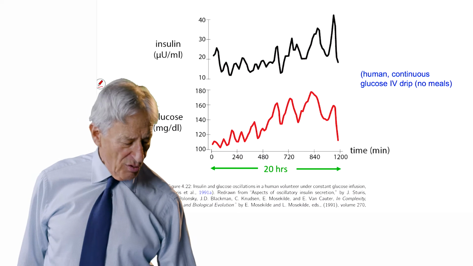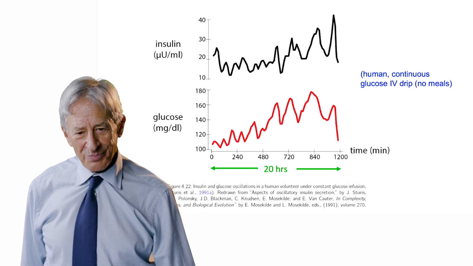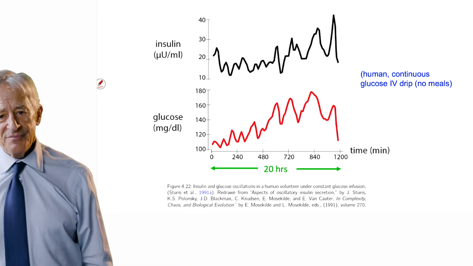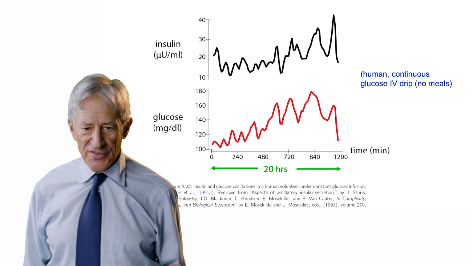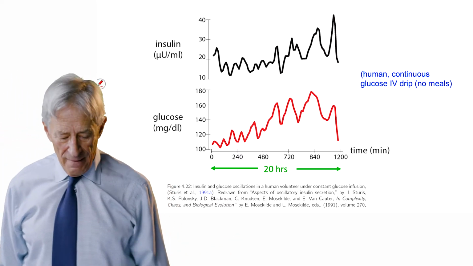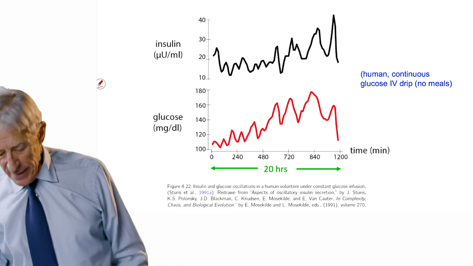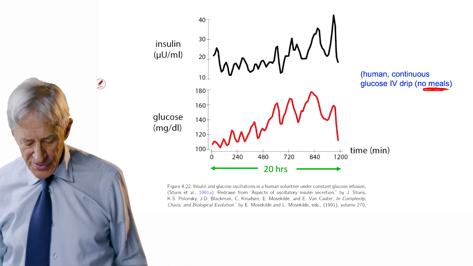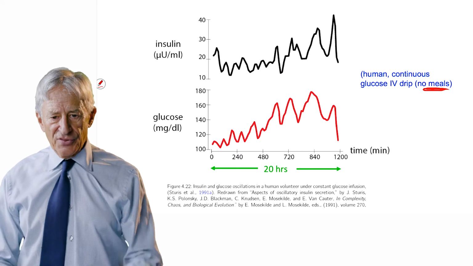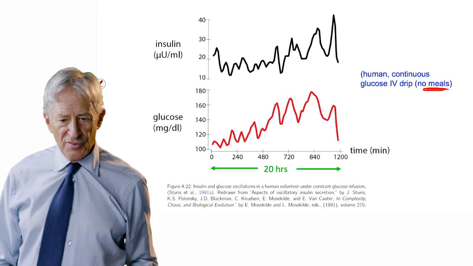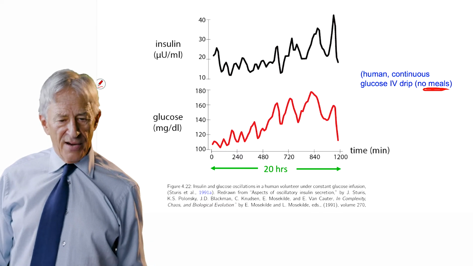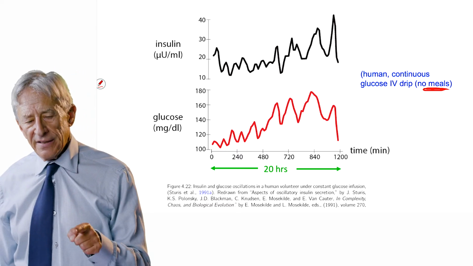And the Chicago group looked at it, and yes, indeed. There are insulin glucose oscillations. We already saw this slide. Under no meal conditions, we still see oscillations in insulin and glucose, and the period of those oscillations, which is 2 to 3 hours, is correctly predicted by the model.